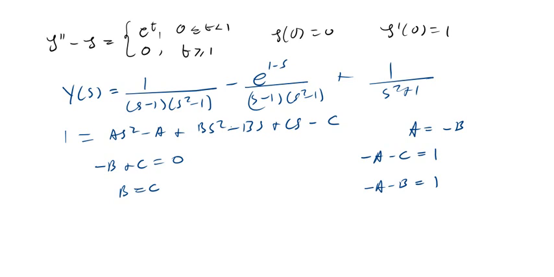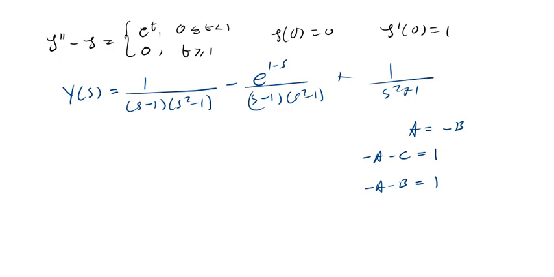Okay, so maybe let me use a different approach in terms of decomposing this one. Let me say I have 1 over s minus 1, then I have s squared minus 1, like this. Let me use just constants on the numerator.